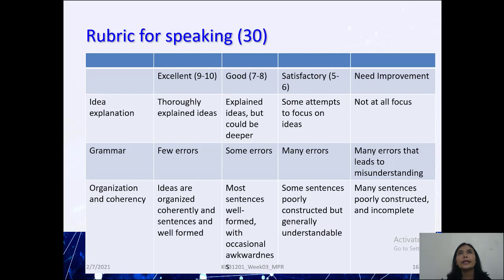Okay, so peer review is quite a famous assessment activity done by mates or friends in a classroom. So they will later assess your presentation according to these criteria. So the first one is the idea explanation, and then the second one is the grammar, and then the organization and coherency. Okay, so there will be four divisions: excellent, good, satisfactory, and need improvement.